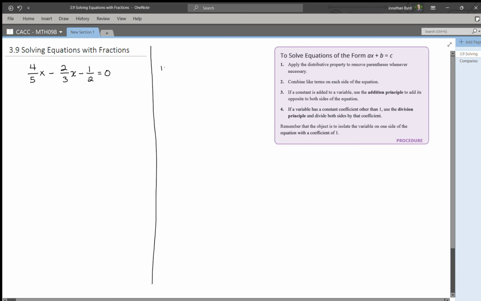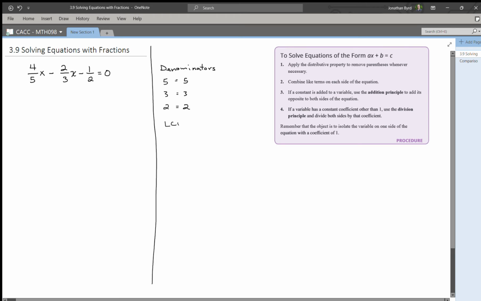All right, so I'm going to start off kind of similarly to the way that we did last time and look at the denominators, with the idea that I want to be able to find out the LCD, or the LCM if you prefer. So I have 5, 3, and 2. I actually made our life a little easy here because 5, 3, and 2 are all primes, so their prime factorization is just themselves individually.